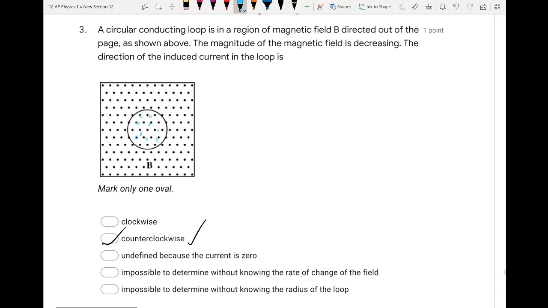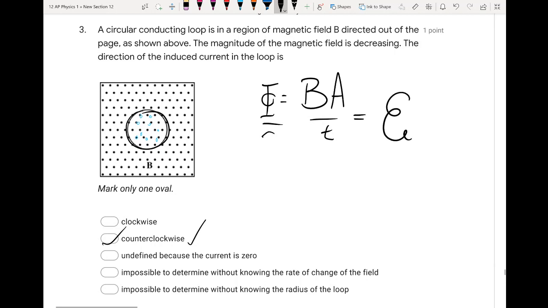Because it's decreasing, the loop of wire is like, hey, I don't like that we have this change in magnetic field through this area. So because of that, I'm going to induce a current. I'm going to have this EMF that will create a current, and it's going to do it to replace what it's missing out. It doesn't like that change.